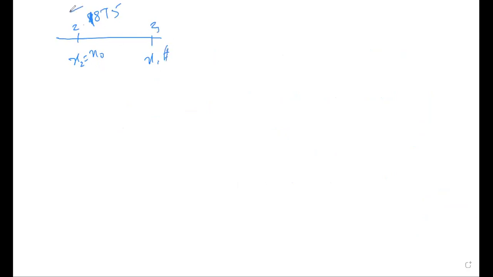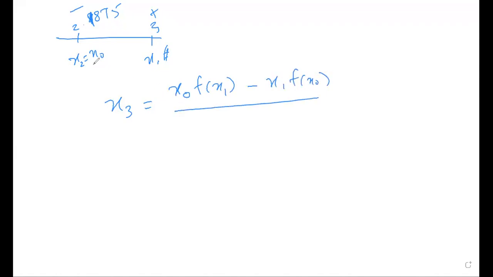This is negative, this is positive functional value. Therefore, what is our x3? Use the same equation. You can transform x0, x2 to x0, so it will be very easy. So f(x1) minus f(x0).